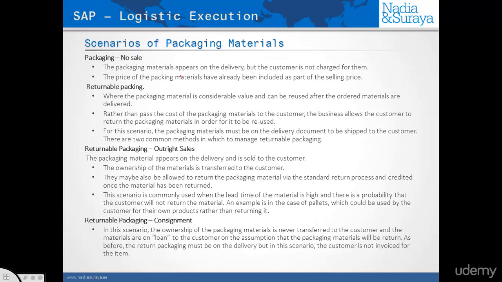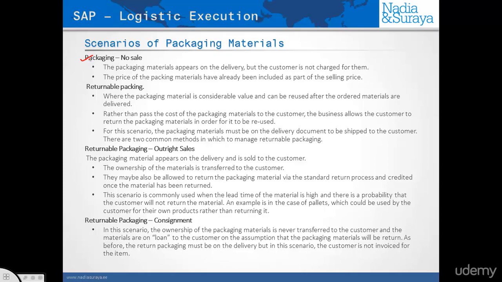So what are the scenarios that we can use for packaging? The first is the scenario where we include the packaging material, but we don't sell it to the customer.